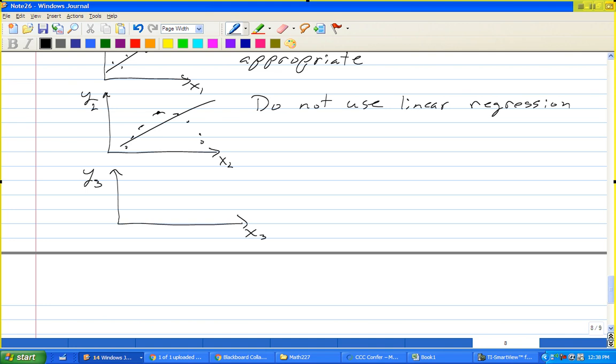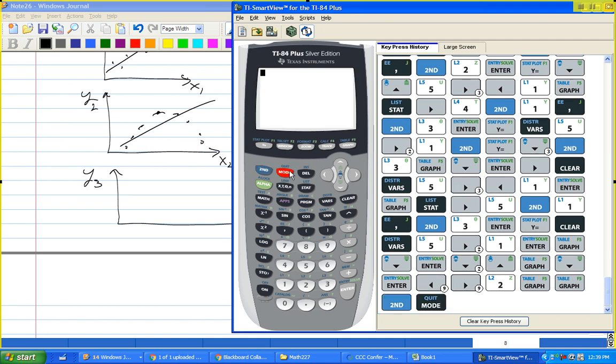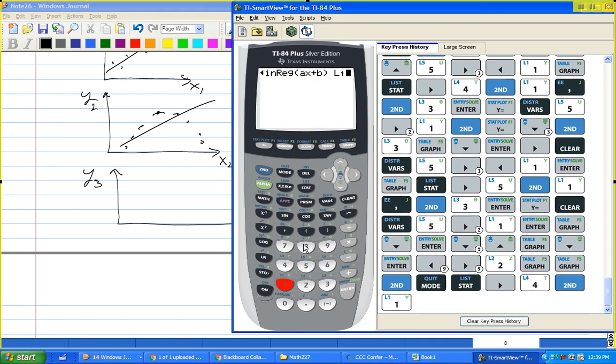And so if I look at that one, let's go to X3, Y3. So it's L1, L4.